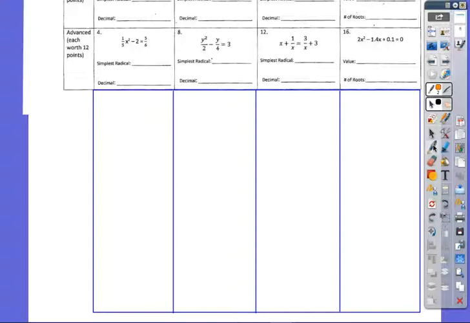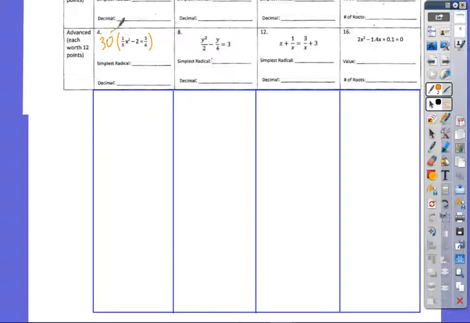So the first thing I'm going to do, just to make things a little bit easier for me, is make everything a whole number. To do that, I need to multiply everything that has a factor of 5 and a factor of 6. So what number do 5 and 6 both go into? 30. Thank you for raising your hand, Isaac. So I'm going to multiply all of this by 30.